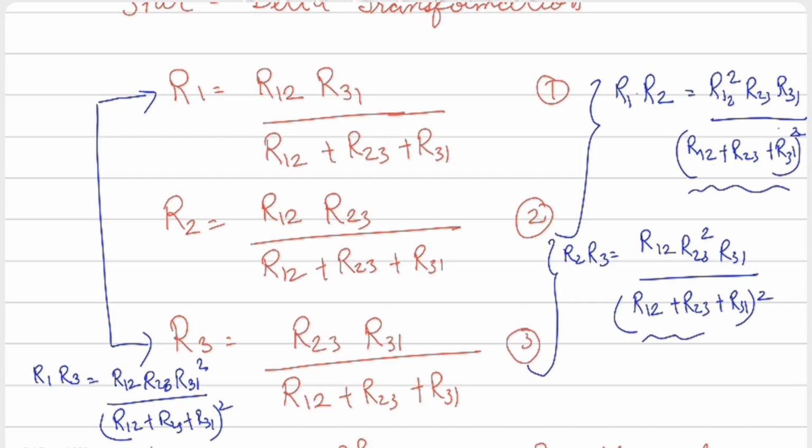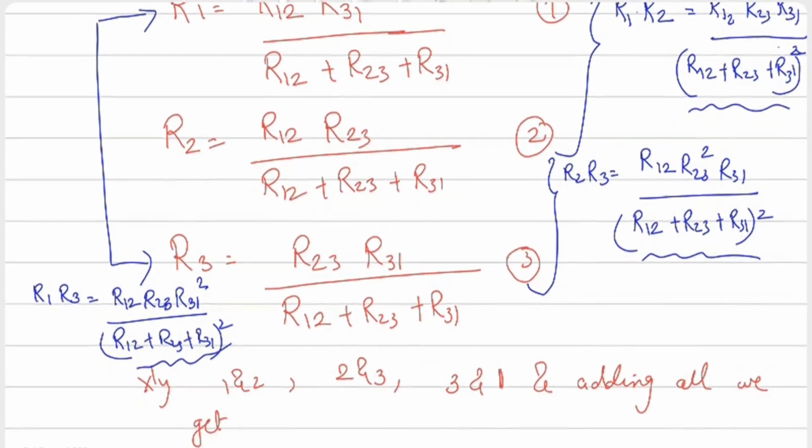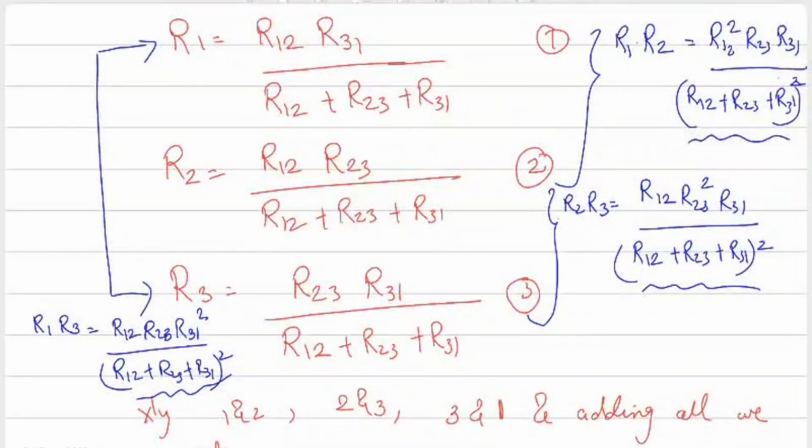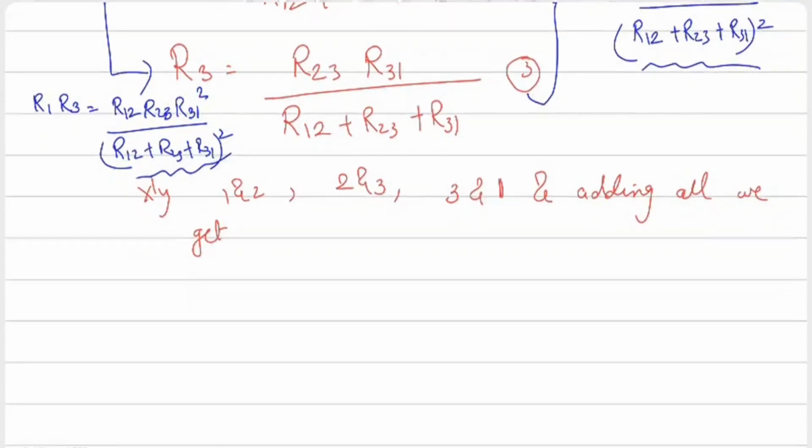Since the LCM of all the terms is the same, we can directly add, and we get R1 R2 plus R2 R3 plus R1 R3.